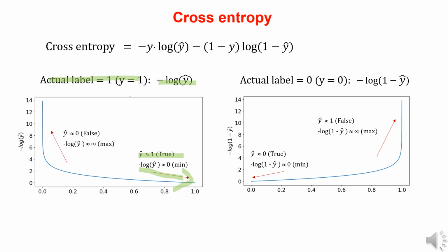On the other hand, if the prediction is incorrect and y hat approaches 0, the cross entropy increases to infinity. Next, when the actual label is 0, if the prediction is accurate, the cross entropy approaches 0, reaching its minimum value. However, if the prediction is incorrect, the cross entropy increases to infinity.